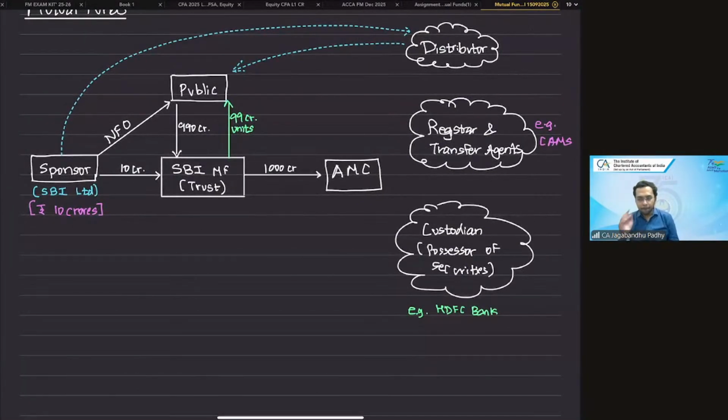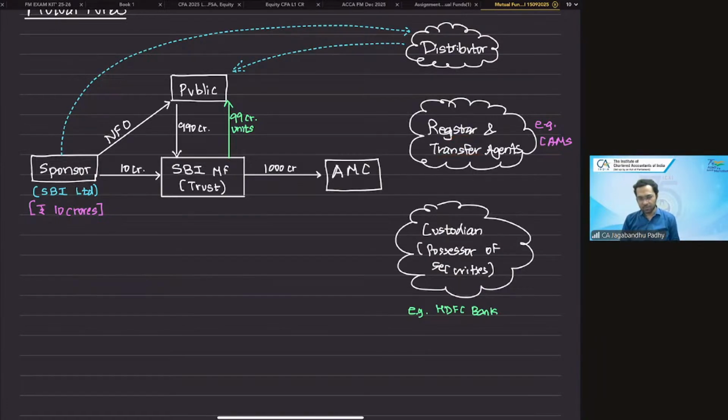Yeah, Sanjay. In whose name are these securities held? Securities are held in the name of the SBI mutual fund. Okay. Held in the name of the mutual fund, but held by the custodian. And what is CAMS? CAMS is the name of the company which acts as a registrar and transfer agent.